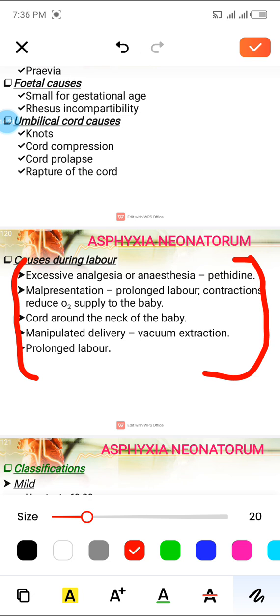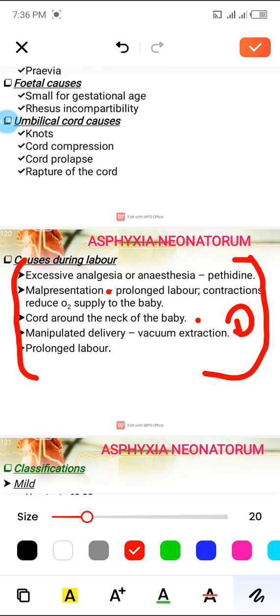So you look at excessive analgesia or pethidine administration, it's the same. Or malpresentation of the baby, meaning that it's not presenting well, maybe say it's not cephalic, or maybe it's in breech, so that will happen. Or maybe cord around the neck, meaning that the baby has a coil around the neck, which is strangulating the baby. Okay.